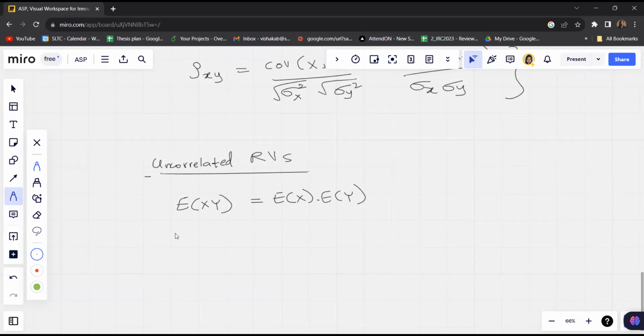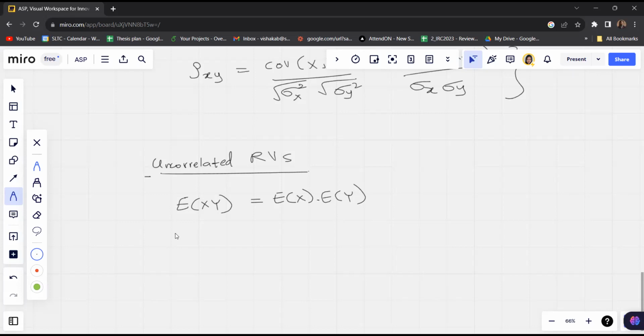So the expectation of XY will equal the product of EX and EY. The reason is there's no linear relationship between X and Y random variables. Because of that, we can take the X component separately and the Y component separately, consider the expectation of the X component separately, and then multiply that with the Y component's expectation.